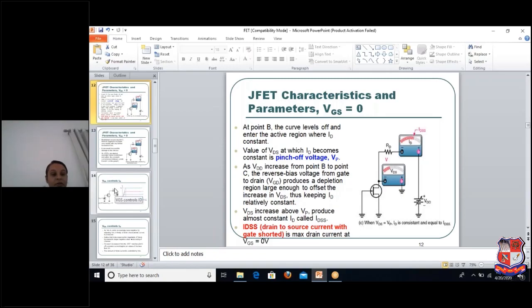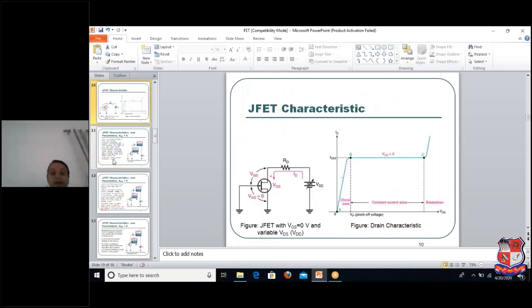Now we will talk about point B. At this point, if you increase VDD, your drain current will become constant.